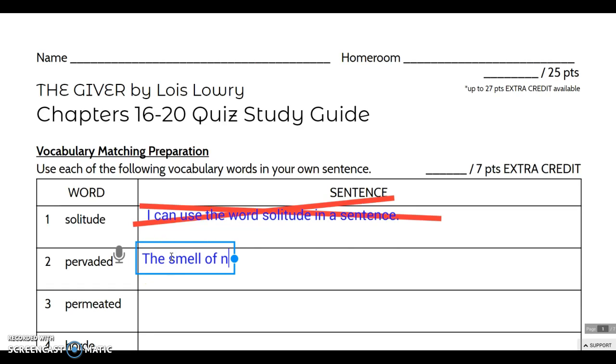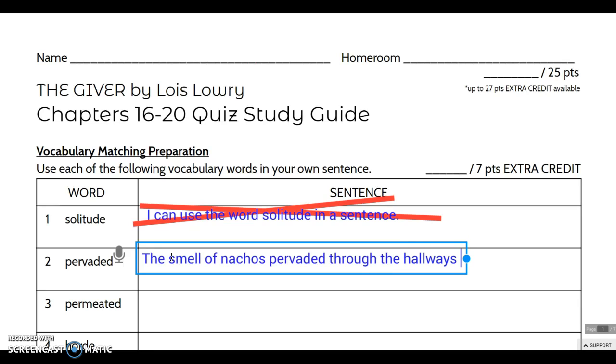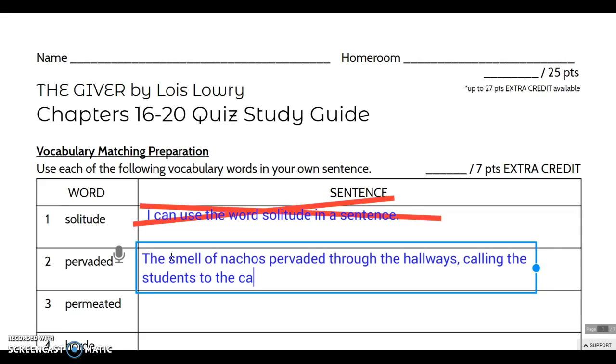The smell of nachos pervaded through the hallways, calling the students to the cafeteria. So, pervaded the hallways.